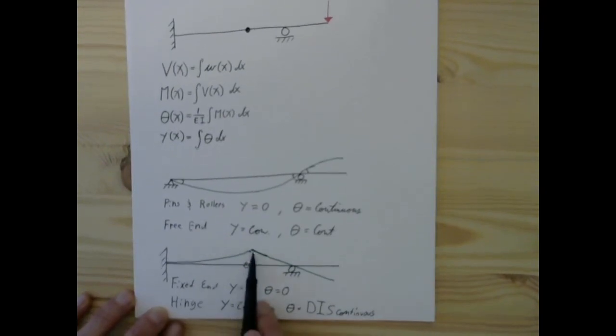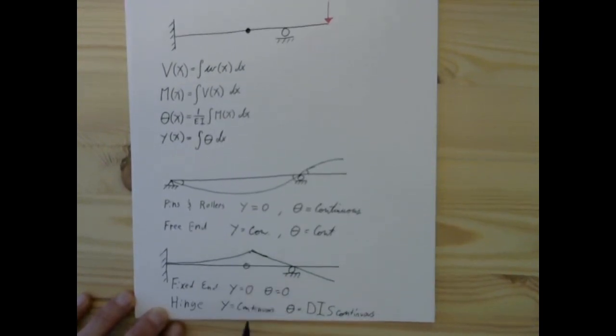Okay, there's a sudden change in the rotation. Okay, so at this point we would have had a moment be 0. We've got a sudden change in the rotation, but the rotation is going to be non-zero, potentially. And the deflection is not going to suddenly change, but of course its slope does change. Its slope is the rotation.